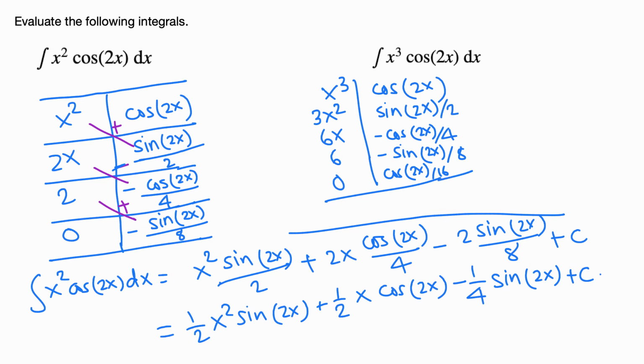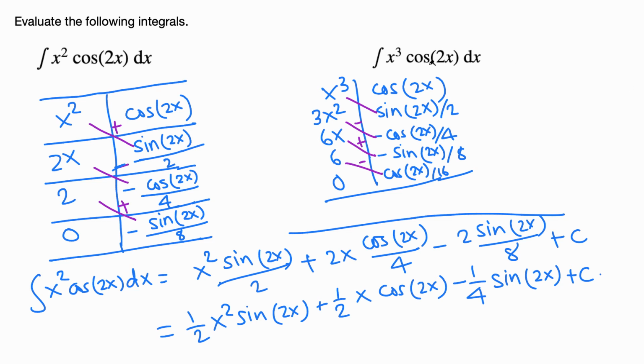Now we match in this order. This one is positive, this one is minus, and there's a negative, so minus and negative is plus, and here is plus and here is minus. Let me write the answer.